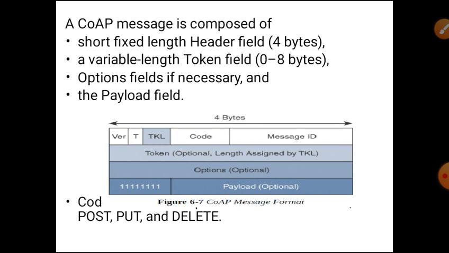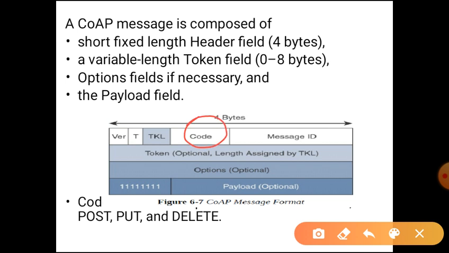Then we have the next field, that is the code. Here this code depends on whether it is a request message or a response message. If it is a request message, it contains the names of the methods, such as get, post, put, delete.